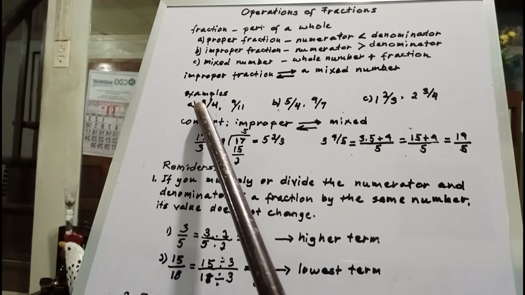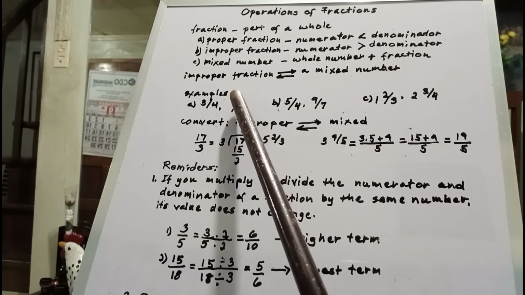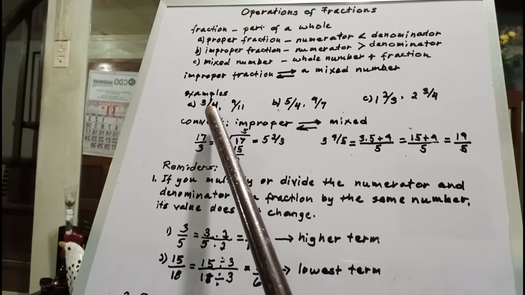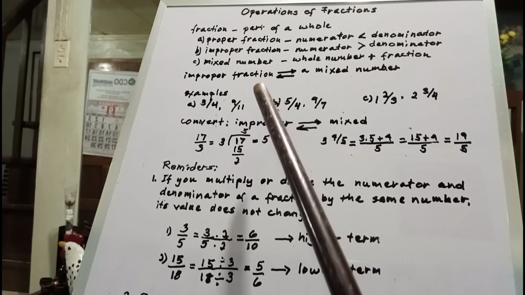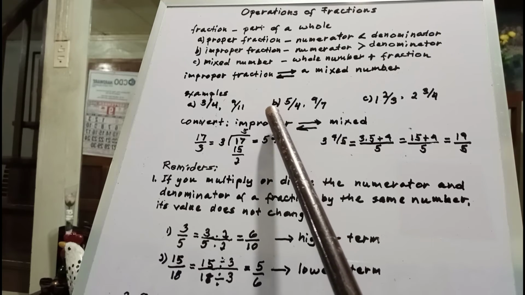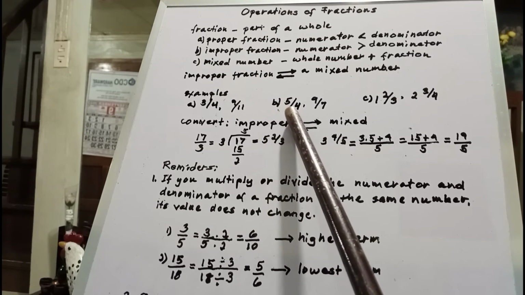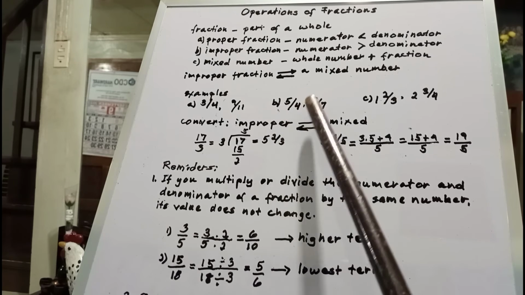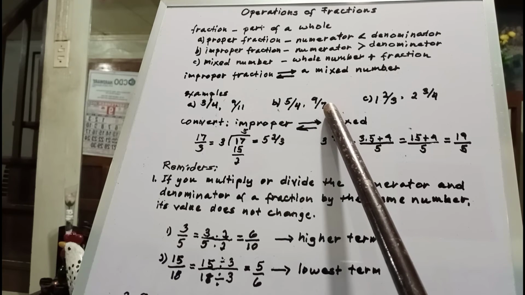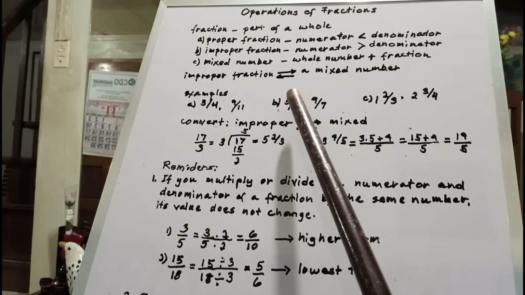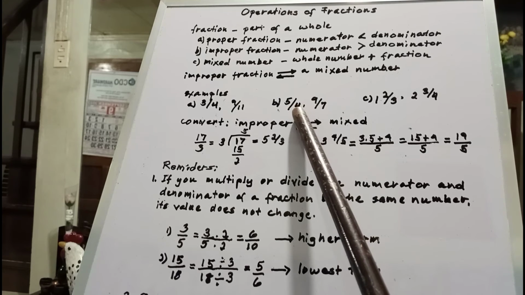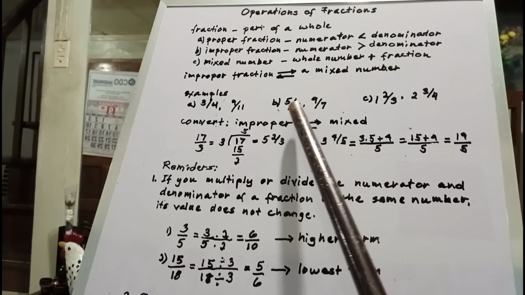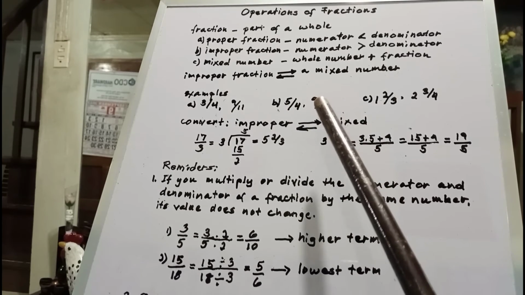So the numerators 3 and 9 are less than the denominators 4 and 11. Letter B, improper fractions. We have 5 over 4 and 9 over 7. So the numerators 5 and 9 are greater than the denominators 4 and 7.